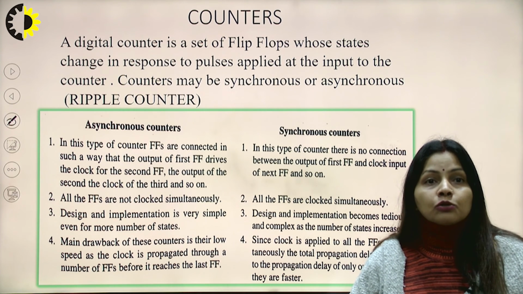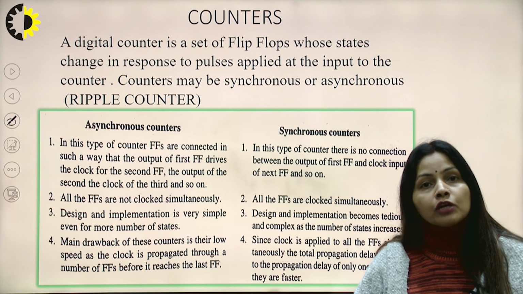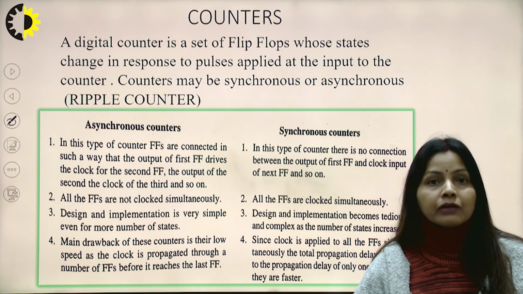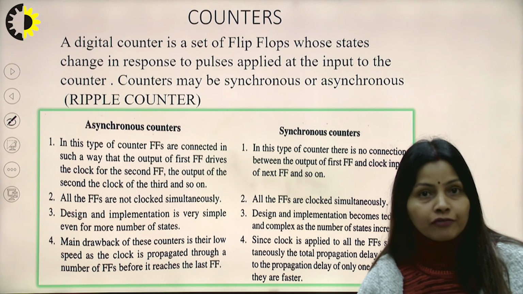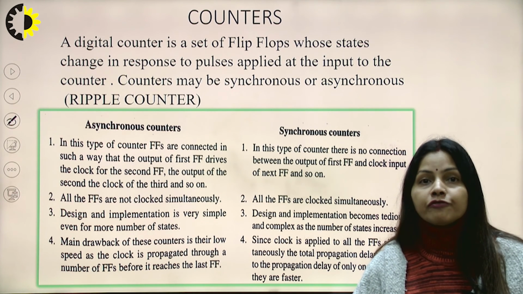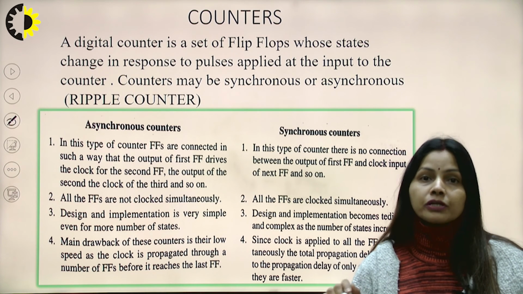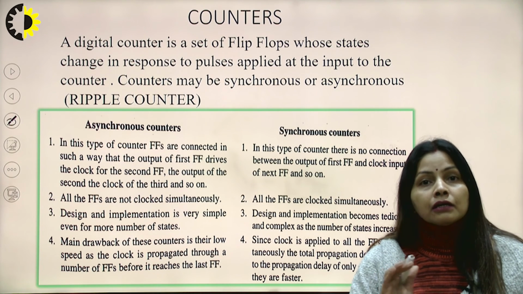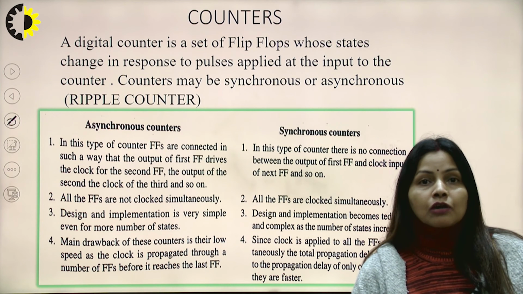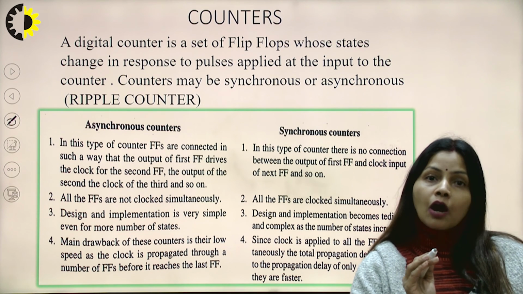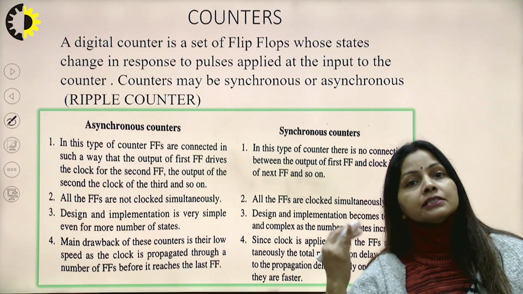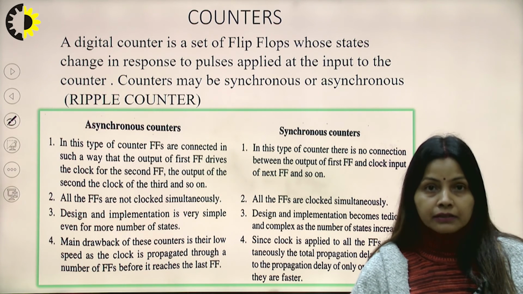In the synchronous counter, let's say for designing a counter we are using 4 flip-flops, then all the 4 flip-flops are given the same clock pulse. In an asynchronous counter, one flip-flop output will serve as the clock for the next flip-flop.